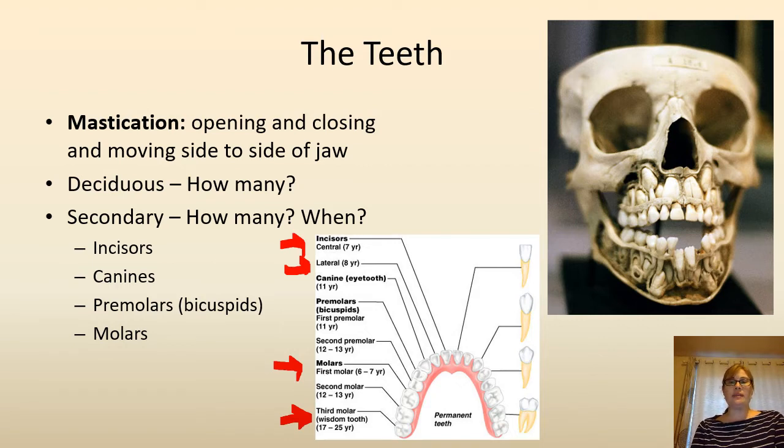So the flat teeth allow us to eat vegetables and plants, and the sharp teeth allow us to eat meat. And so we have what we call mixed morphology of our teeth.